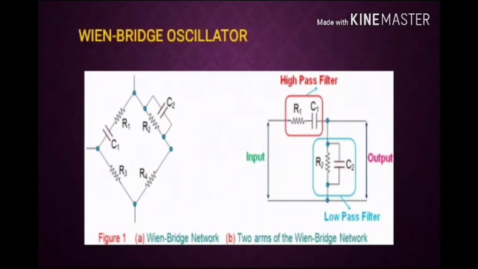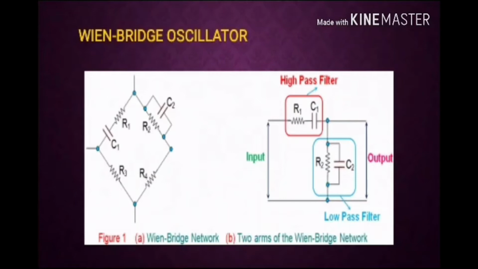This is the Wien bridge oscillator. It is a type of phase shift oscillator which is based upon a Wien bridge network, like figure 1a. It comprises 4 arms connected in a bridge fashion. Two arms are purely resistive while the other 2 arms are a combination of resistor and capacitor.